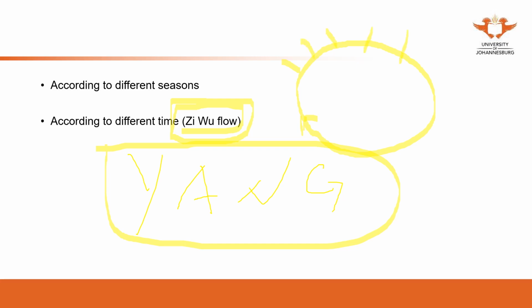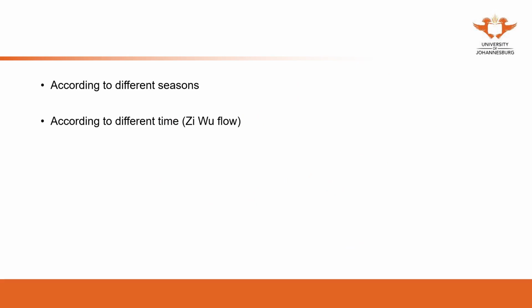For example, from 11 to 1 o'clock at midnight, which organ? From 1 to 3, which meridian? That's something you can think about. That's the theory of the time flow. If you're interested in this theory, you may find some references on it. The theory relies more on the lunar calendar, so it is not the calendar we are using today.